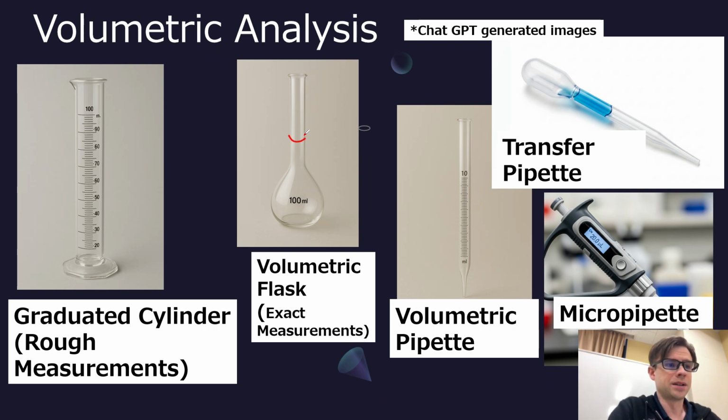Then the volumetric pipette. We can pull this up with some suction, like a rubber bulb or some other contraption. We can pull a little vacuum in this, suck up some liquid, measure how much we get, and transfer between containers that way. There are also disposable transfer pipettes, just little disposable plastic things that don't measure well at all, but they allow you to transfer some drops quickly.